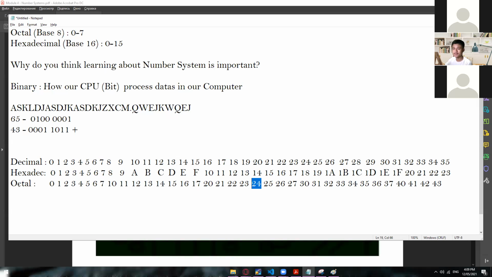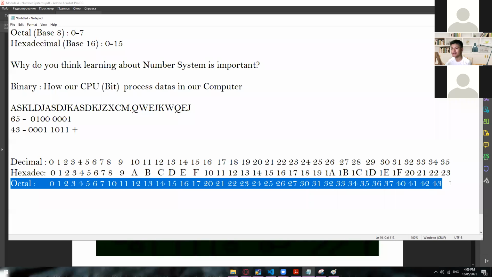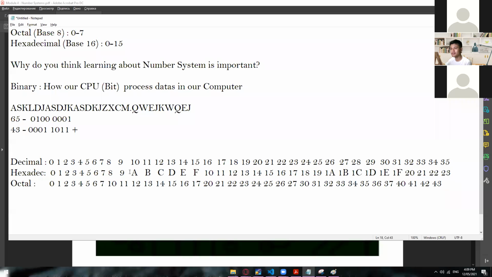However, once you've learned the idea of octal and hexadecimal, you can have a list like this, for an easy reference when you encounter a value of 29 in decimal and want to get its value in hexadecimal and in octal.